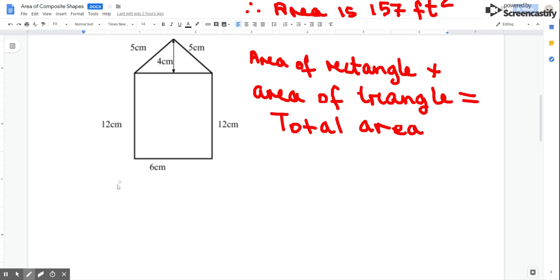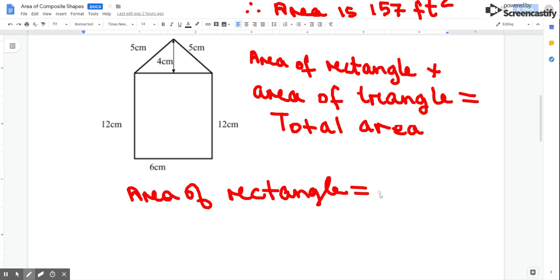So this becomes length times width is the area of a rectangle. And if our length is 6 and our width is 12, it becomes 6 times 12, which is 72.